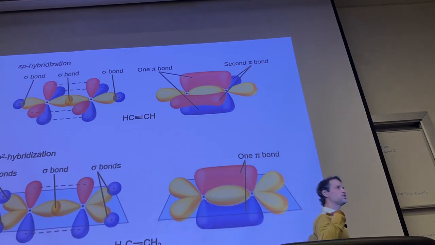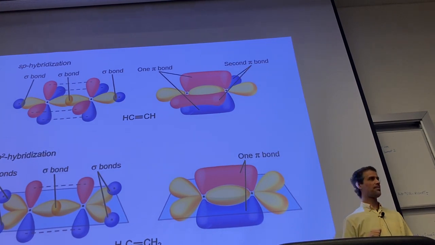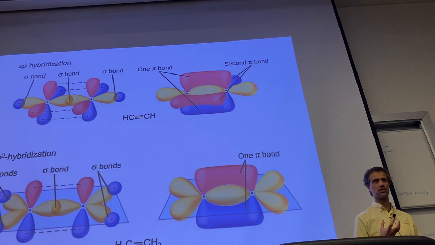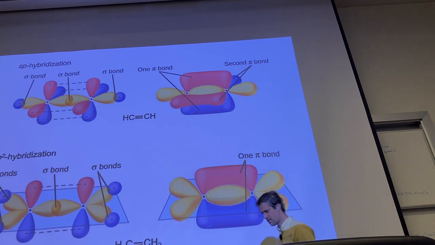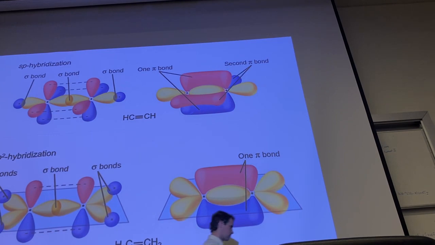That's what this hybridization picture gives us. It doesn't explain anything about the nature of the actual bonds that it forms. The hybridization picture doesn't tell us why there is a bond in the first place. So that is what we have to do next.